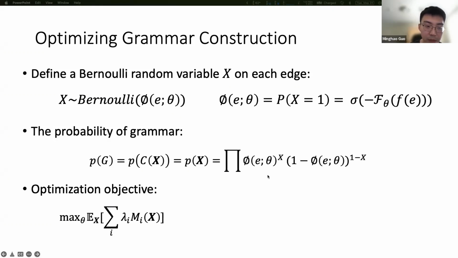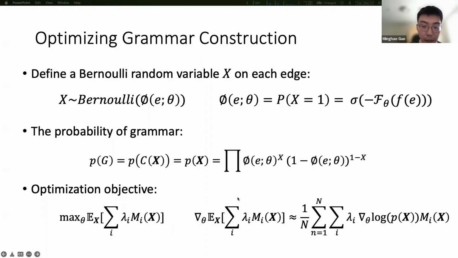The optimization objective is the expectation of the weighted metric we are concerned with, where lambda is the weight and m is the metric evaluation function, which could be the diversity or the synthesizability. For the gradient calculation, we use the trick of the score function estimator, or we call it REINFORCE, which converts the gradient of the expectation to the average of the gradients of the sample scores, and the scores are calculated using the log probability multiplied by the metric values.